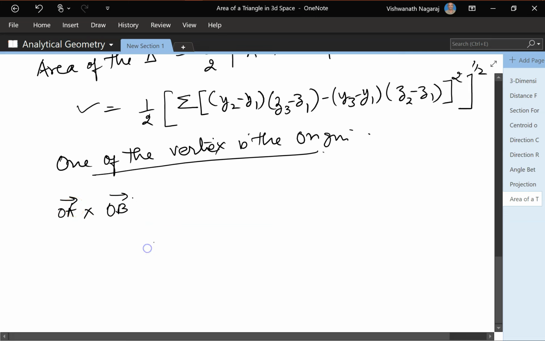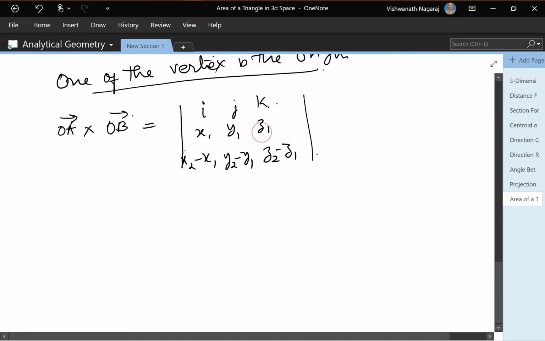So let's take the determinant of this: i, j, k, x1, y1, z1, x2 minus x1, y2 minus y1, and z2 minus z1. One of the points disappears mainly because it is 0, 0, 0.